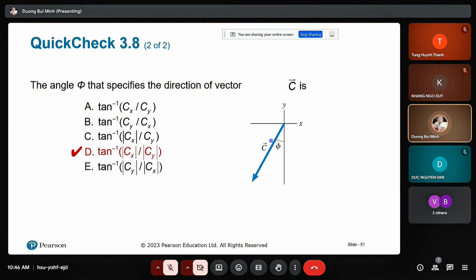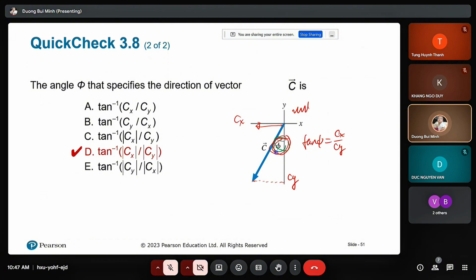If we would like to calculate this phase angle, it is very easy. Here we can say this one is CY, and this one is CX. When we calculate only this phase angle, we have tan phi equals CX over CY.